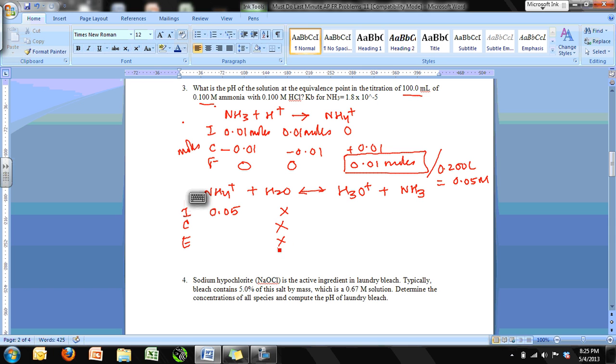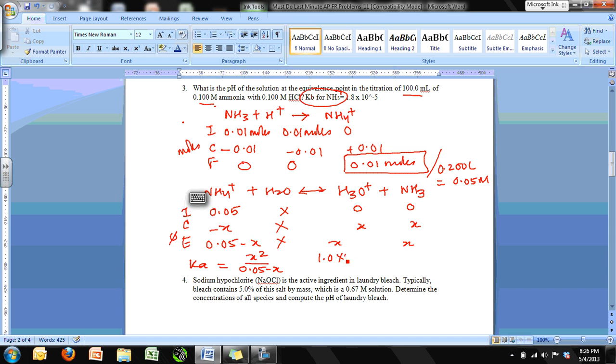So here we start with 0.05 molarity of ammonium. Pure liquids are not included, so we'll put X's here, and this is 0 and 0 initially, then minus X, X and X, and at equilibrium we have 0.05 minus X, X and X, and we write the Ka expression. Again, we write a Ka expression because the ammonium, NH4 plus, hydrolysis is making the solution acidic. And then you write X squared over 0.05 minus X. And they have given you Kb for ammonia, but you're writing a Ka expression.